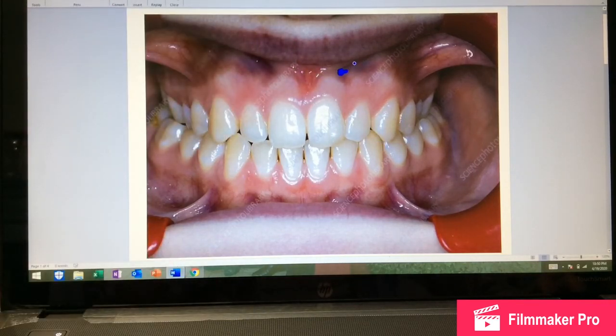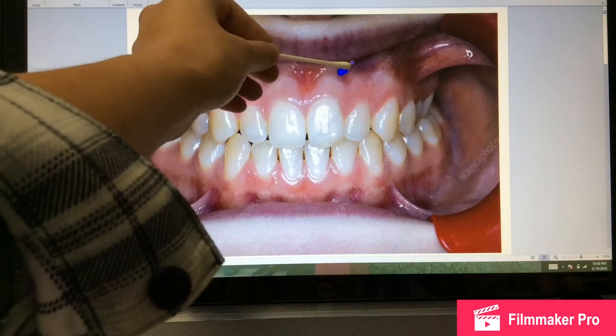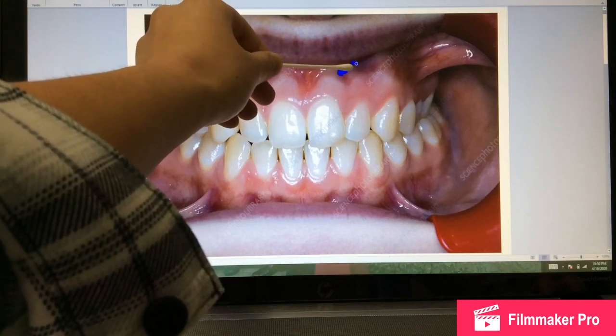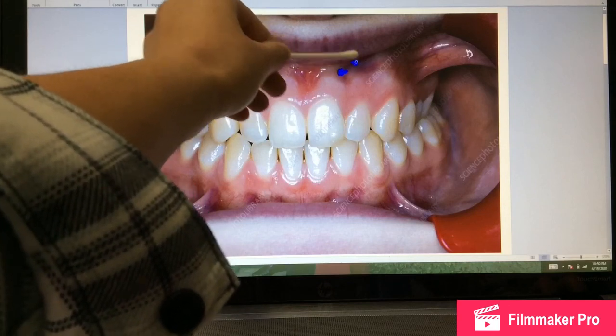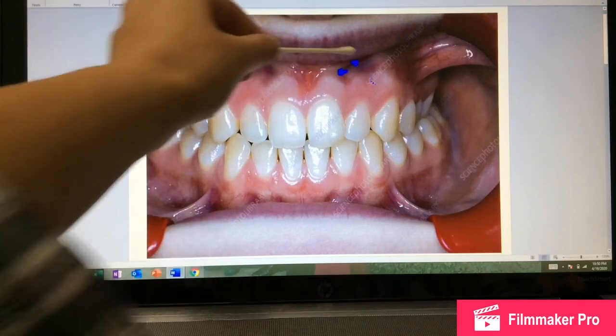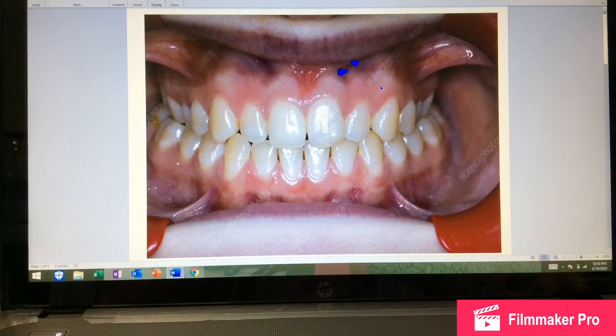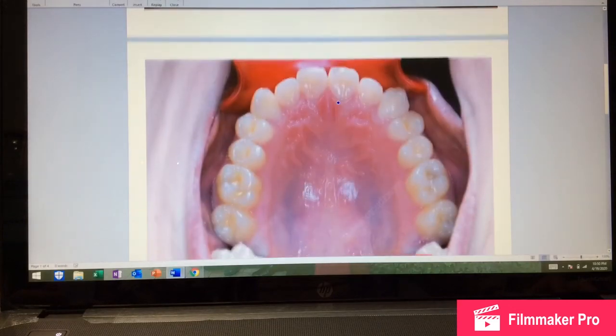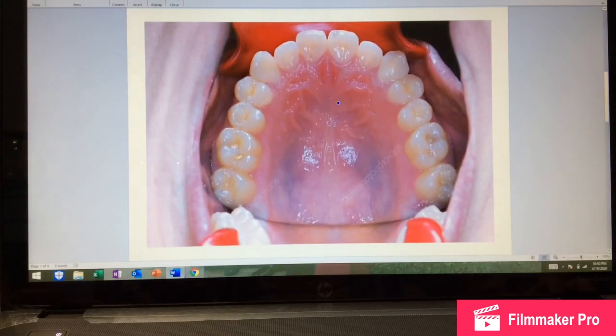And then the field block is going to be a little higher up and moving towards the back a little bit, so towards this area here.